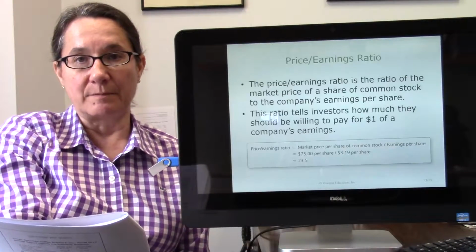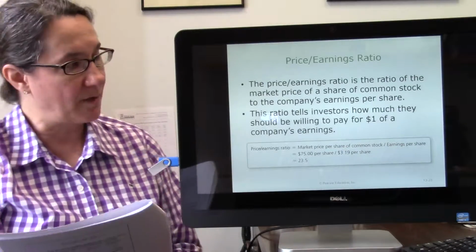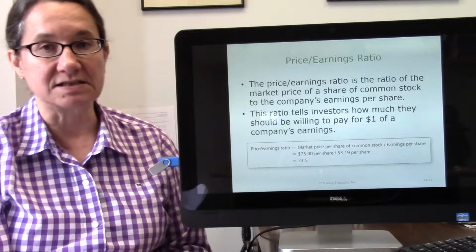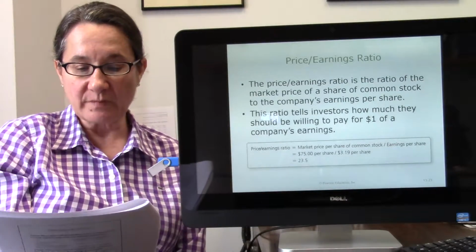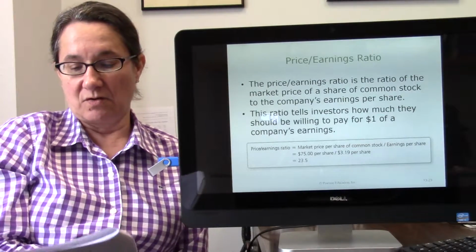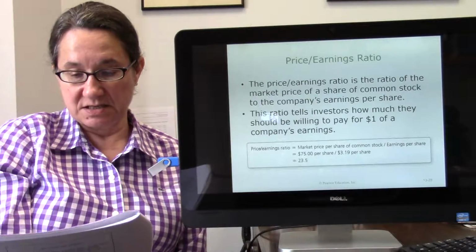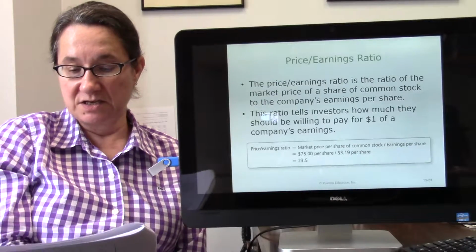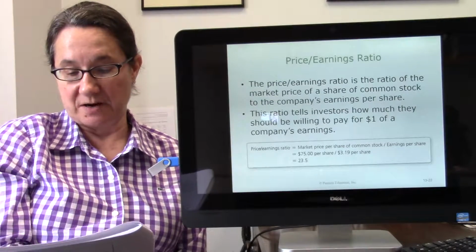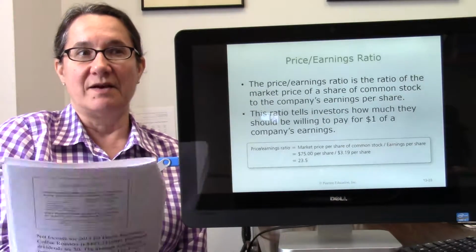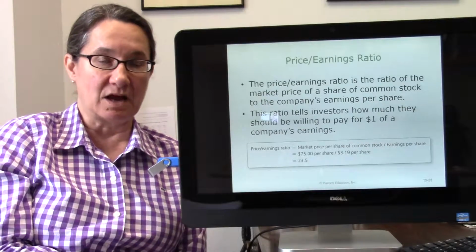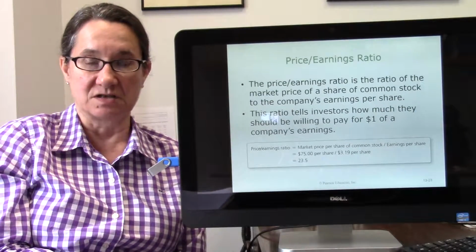The PE ratio. This is another very common ratio that people buying stocks like to think about. The price-earnings ratio, or you'll hear it called the PE ratio, is a ratio of the market price of each share of common stock to the company's earnings per share. Right? Doesn't it make sense? If I'm going to buy that company, I have to pay for its shares on the market.